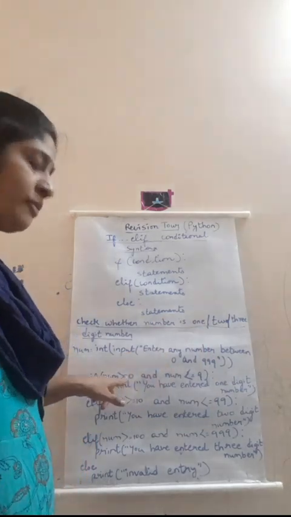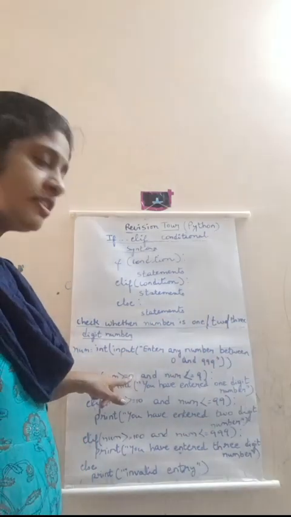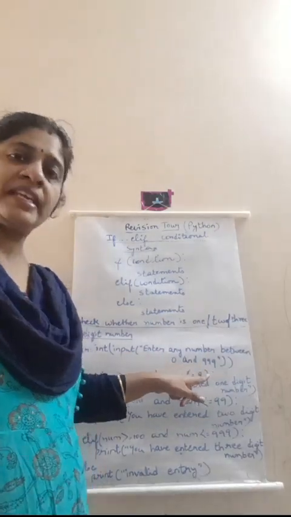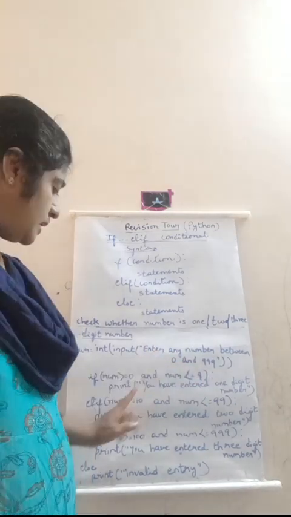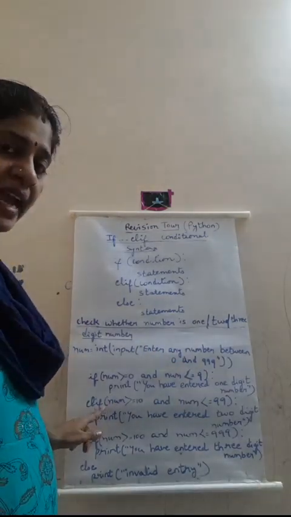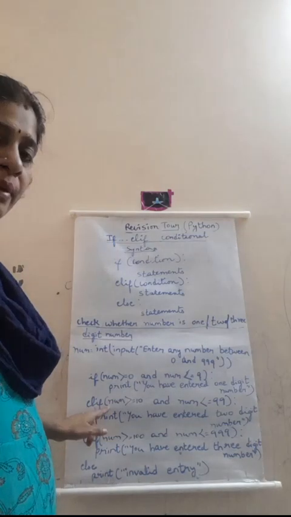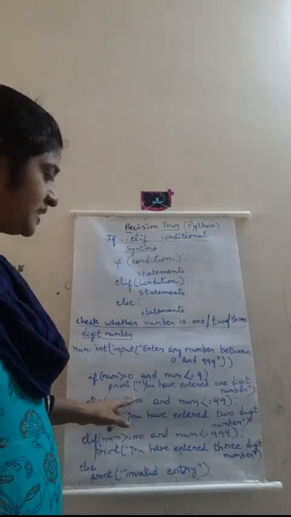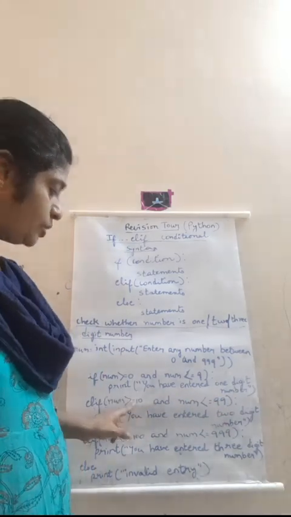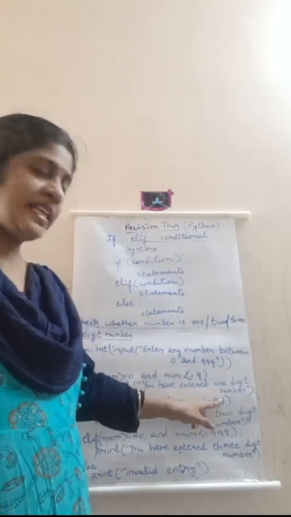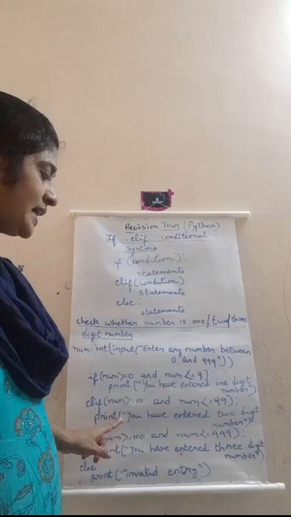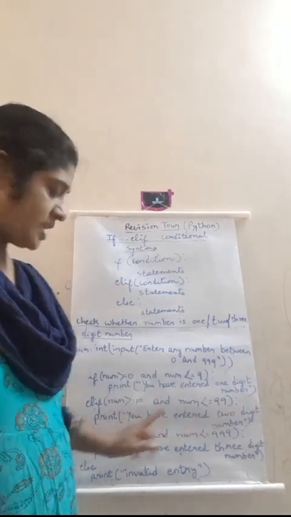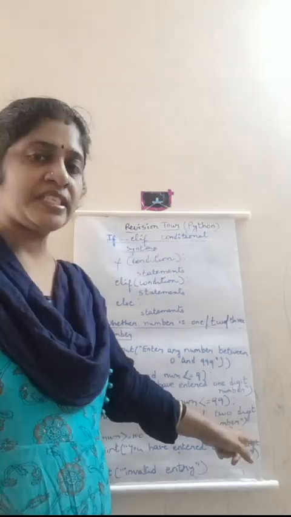So I have specified here equal to 0 and equal to 9, so it considers 0 and 9 also. Then in else if I am writing a condition again here, that if the number lies between 10 and 99, inclusive of 10 and 99, then it means that it is a 2-digit number. Print you have entered a 2-digit number.